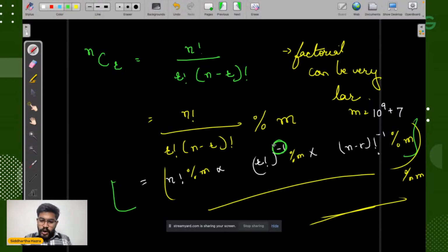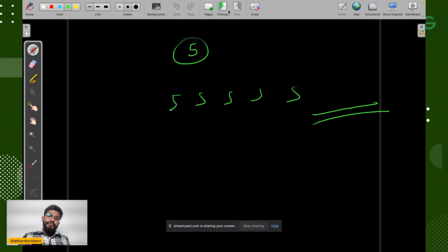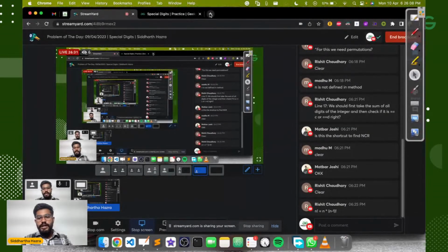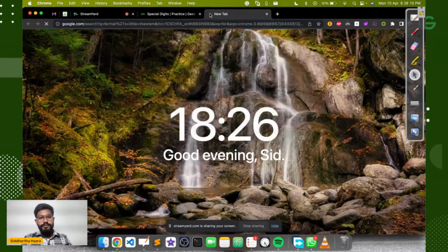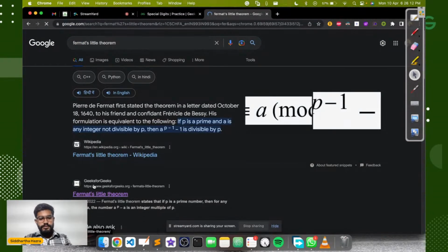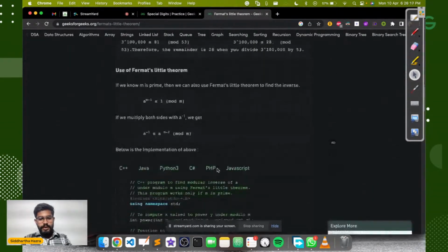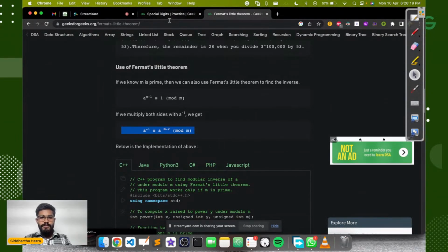But what is this inverse thing? Okay, from where I am telling this, let me just show you that also. I'm just referring to this one.